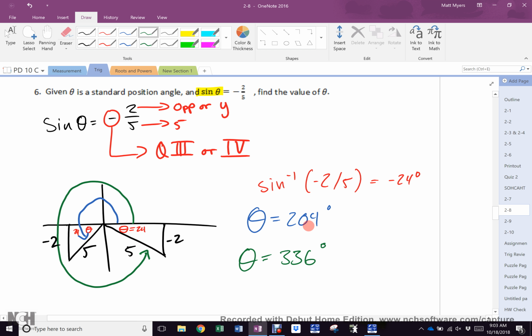Is everybody good? Because that's what your calculator is showing you. Right? When you punch in -2/5, you get a sine reference angle of -24. But you have to know what that means.